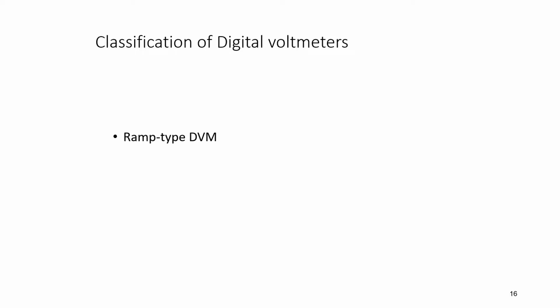The common element in all these signal conditioners is the DC voltage, which is proportional to the level of the unknown quantity being measured. This DC output is then measured by the digital voltmeter. Digital voltmeters have various features such as speed, automatic operation, and programmability.